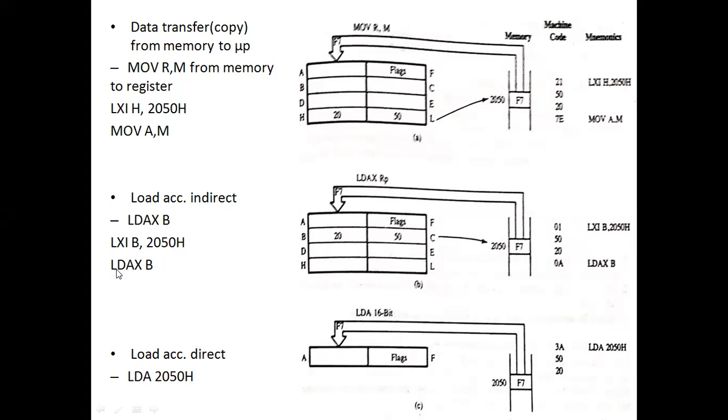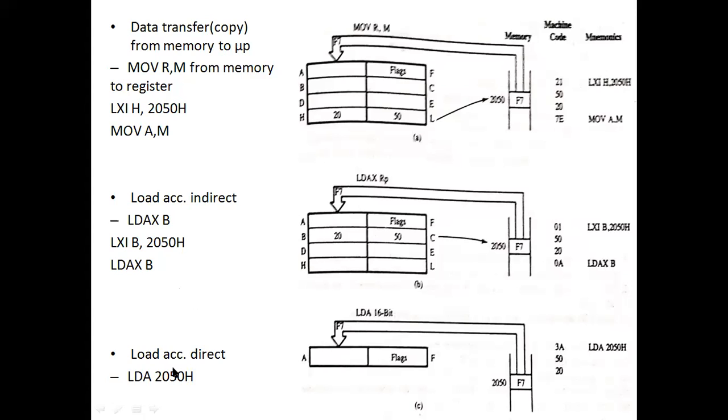Before we use the LDAX B instruction, the BC pair must be loaded with the address of the memory from where we want to transfer the data into the accumulator. That's why LXI B, 2050 is done first, and then LDAX B. It will copy the content of the memory whose address is present in the BC pair to the accumulator.